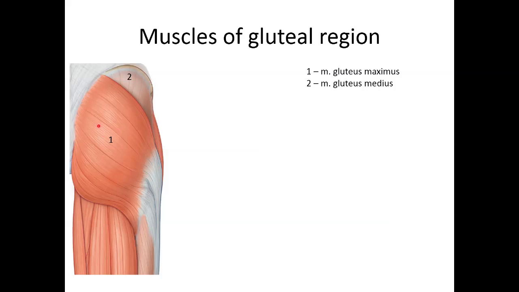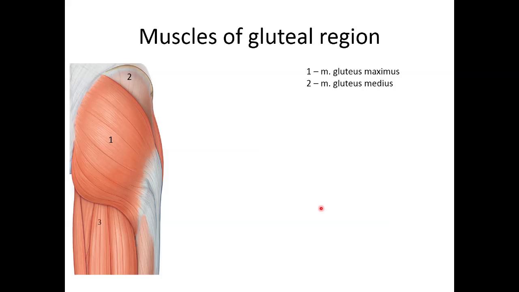And also it's good seeing that musculus gluteus medius is covered by fascia. So that's why it isn't so clear seen as gluteus maximus, because here this fascial sheet was removed.